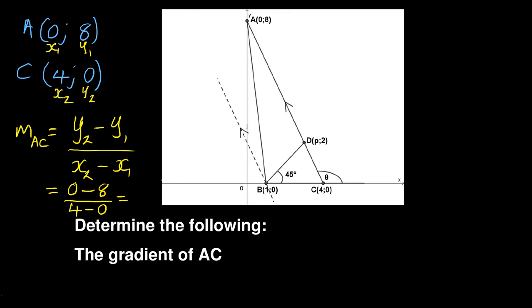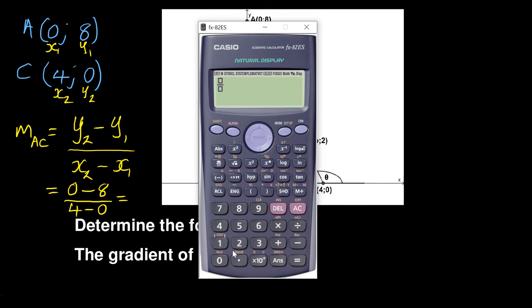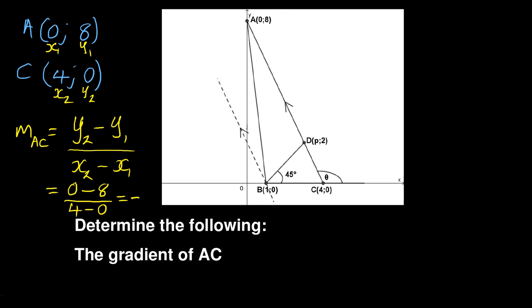And then if you use the calculator again, in this case 0 minus 8 over 4 minus 0 gives me my gradient as -2.